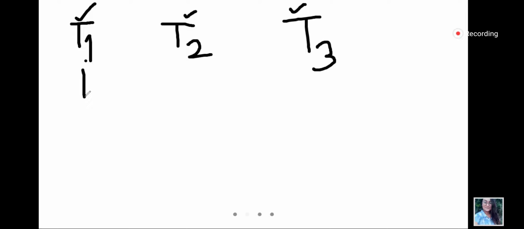So suppose for the first second the T1 process has got all the resources and the processor. In the next 10 seconds suppose T2 is getting it. Now in the next second T3 is getting it.